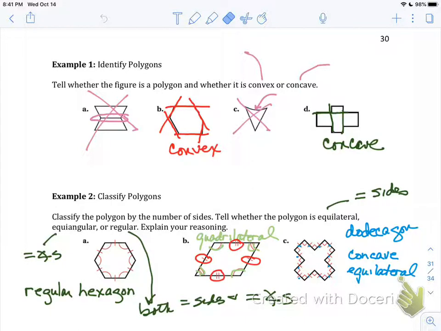I see I have right angles lots of places, but look, this inside one is not 90 degrees. So it's only equilateral. And I'm putting concave in parentheses because the fact that it's concave tells me it could not have been regular. Okay? I have equal sides. I don't have equal angles because some of the interior ones are actually obtuse because they're greater than 90 degrees. Actually, they're even greater than that. So, bottom line, this is a dodecagon that is equilateral, and that's all you would state about that.